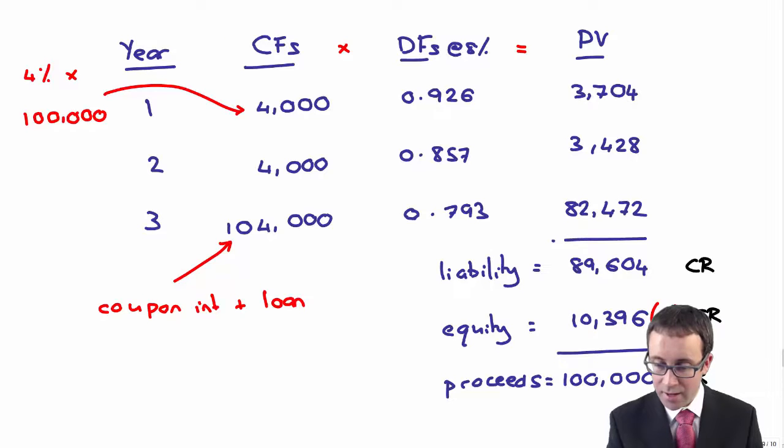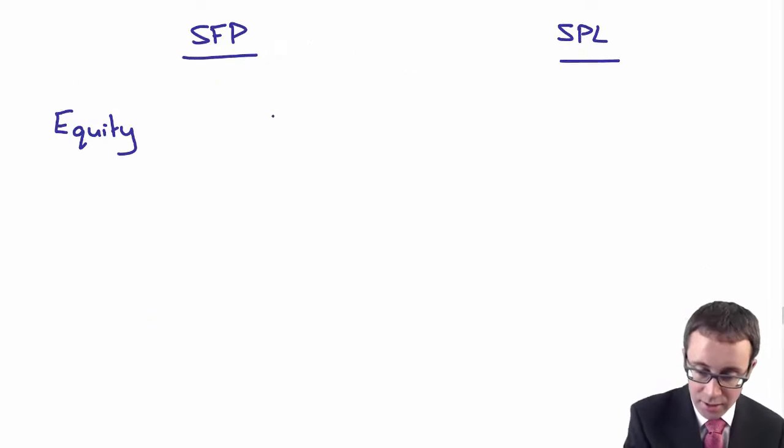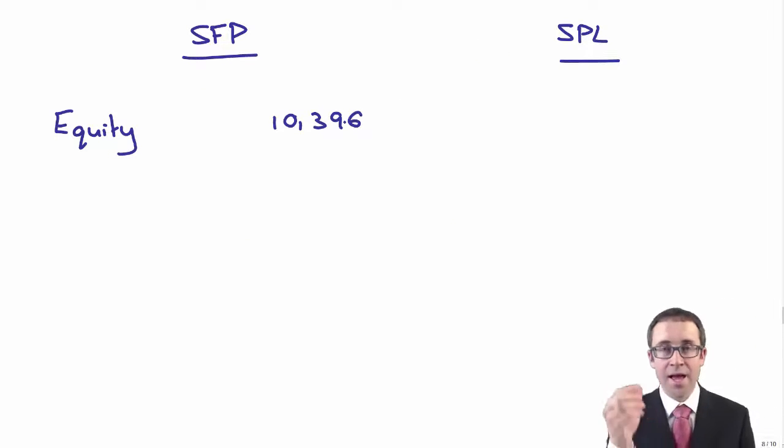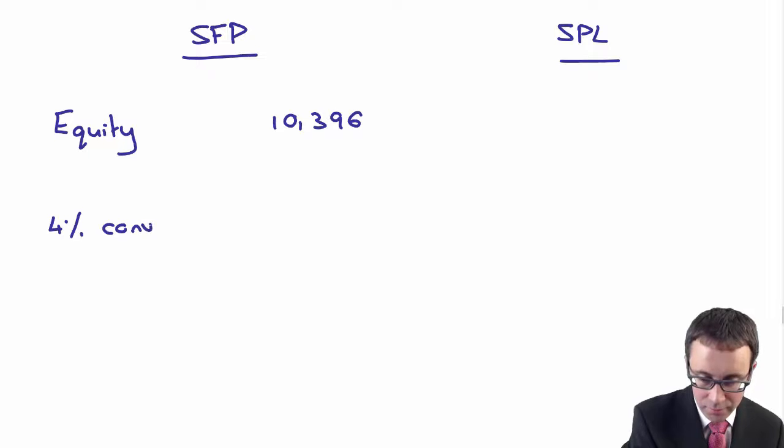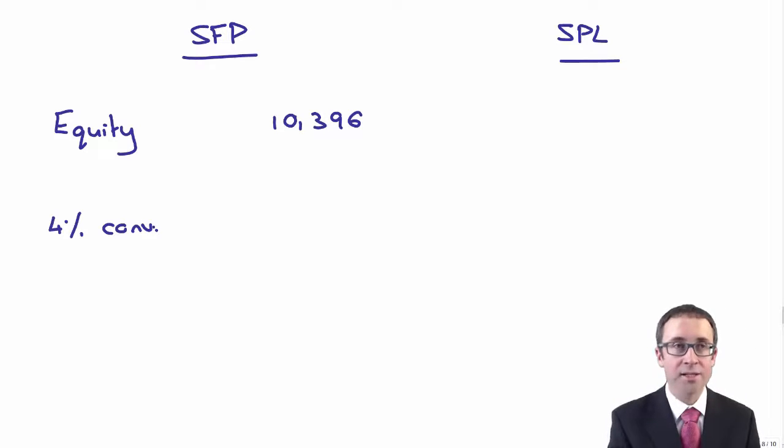And the equity figure that we calculated was 10,396. We don't need to make any adjustment to that whatsoever. We also then have your debt element. So you have your 4%, is it convertible debt?